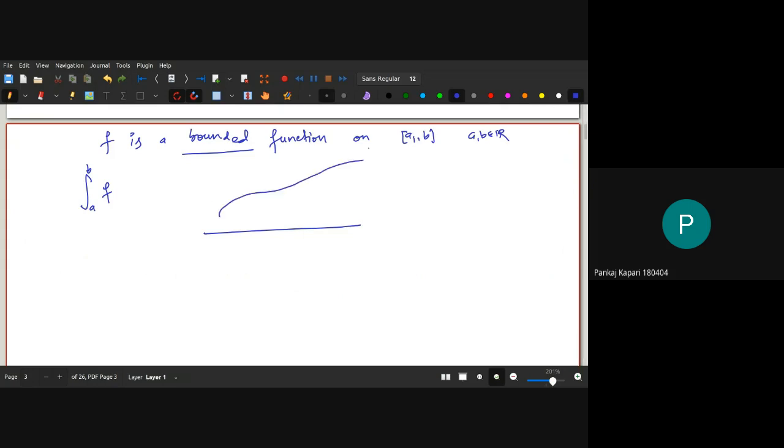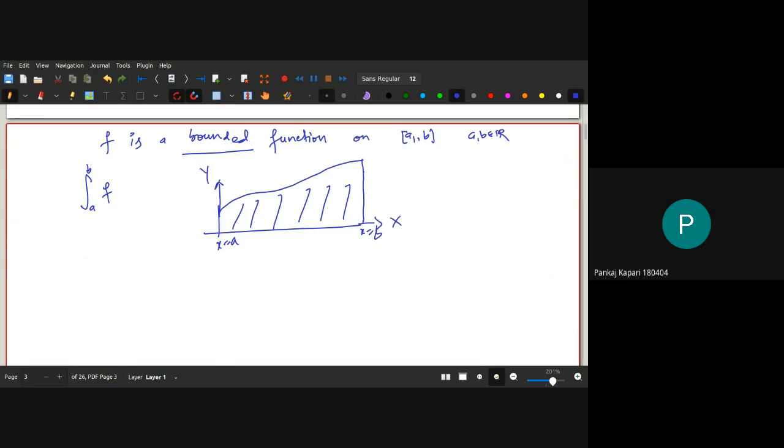Let's assume that it looks like this, and this is your point x equal to a, and this is your x equal to b, and the integral gives the area bounded by the graph of the curve above the x-axis. You can assume that this is the y-axis and this is the x-axis.